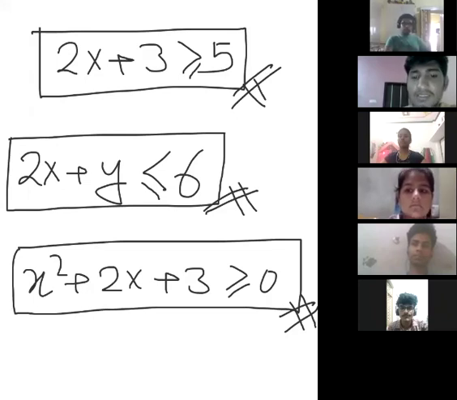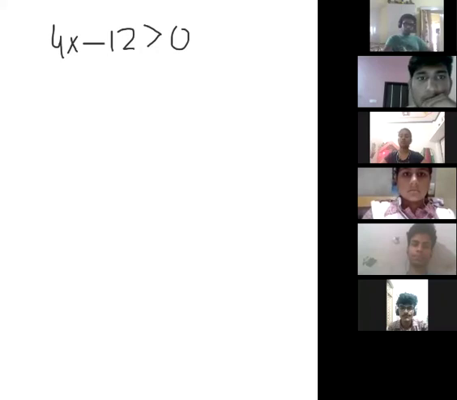Now we need to simplify them. How to solve a linear inequality? Like a simple linear inequality I'm taking, it is 4x minus 12 is greater than 0.